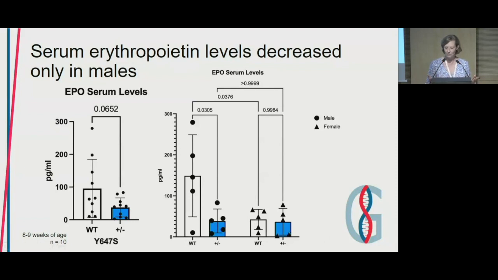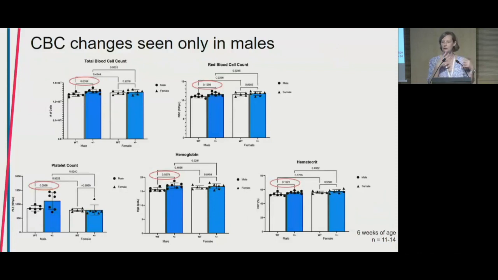We still don't have an explanation for this. But when she went back and looked at the CBC data, dividing all of that information out by sex, it turned out that the changes we were seeing were really driven by changes in the males. So this phenotype seems to be specific to the males.